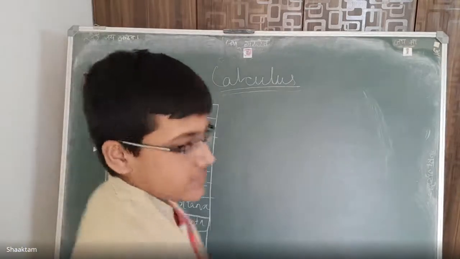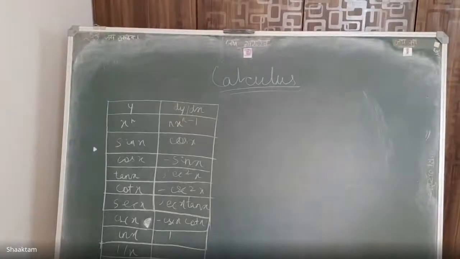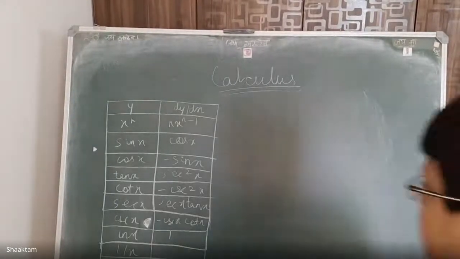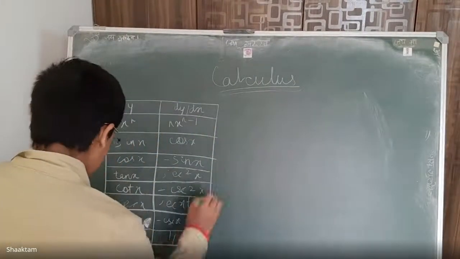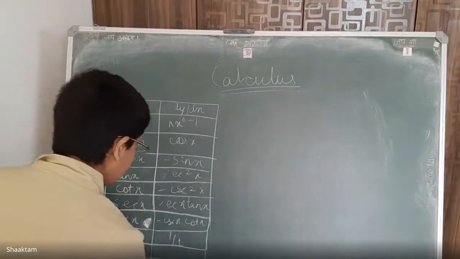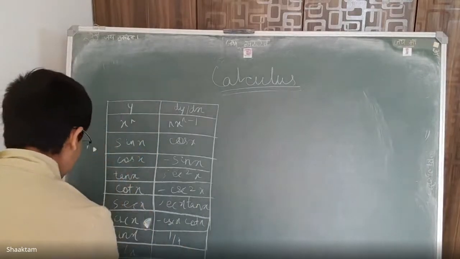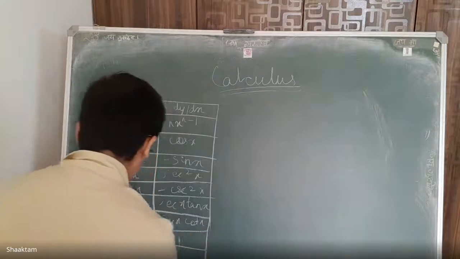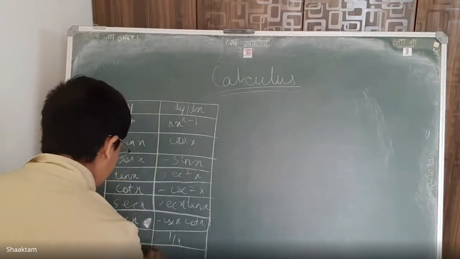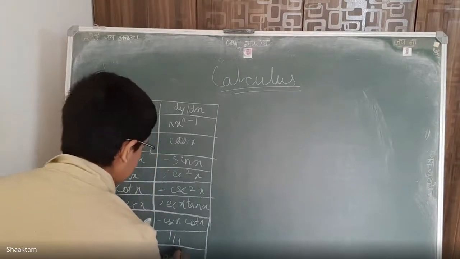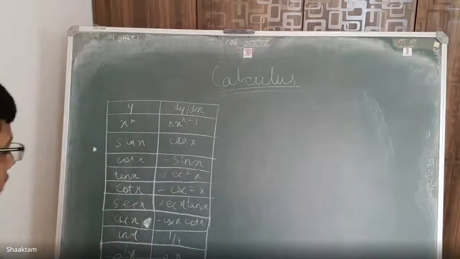Ln x is 1 by x. There's only one more, e raised to x. E raised to x is e raised to x.